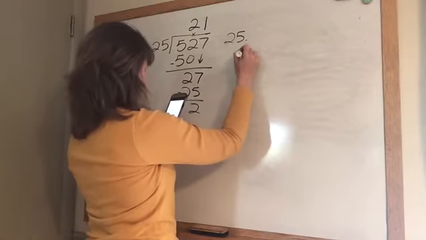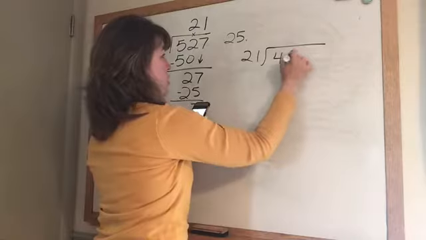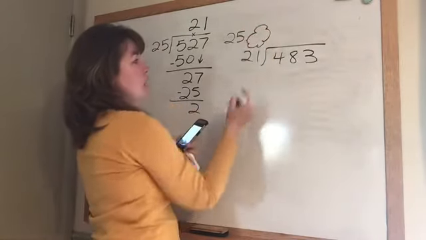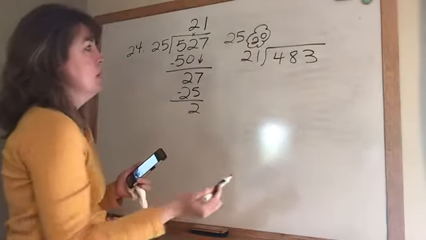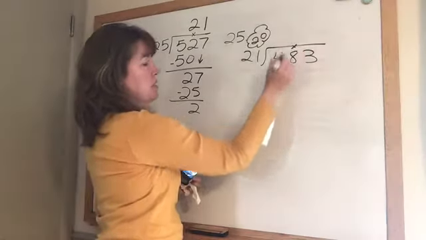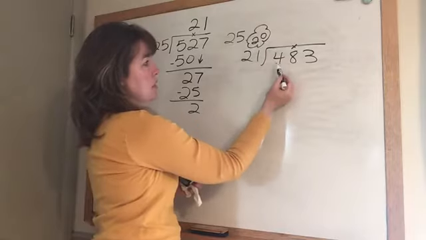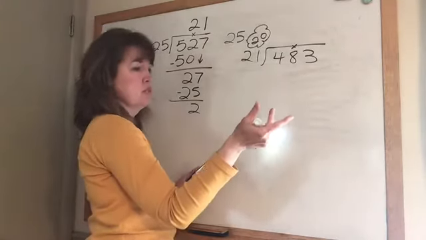Okay, so we've got 21, and we're going to divide that into 483. Okay, so 21 would round down to 20. It's close to 20. So we're going to divide into 48, right? Because we can't divide into 4. 20 into 48 goes 20, 40, 60 is too many, so 2.